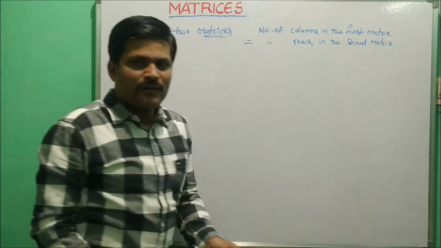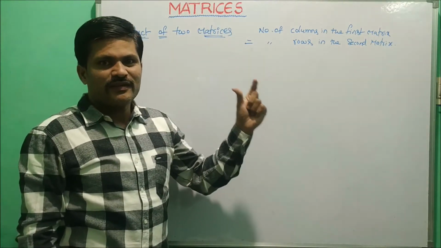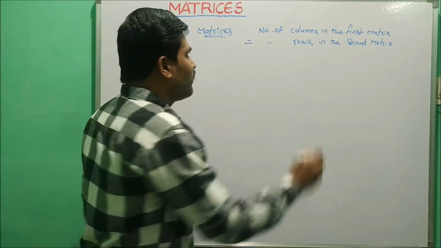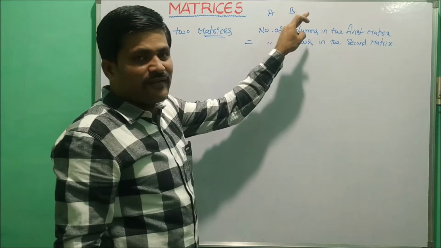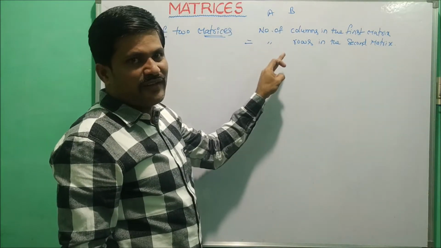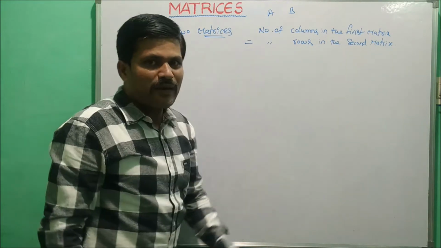This condition must be satisfied by the given two matrices. Suppose we take A and B. If these two matrices satisfy this condition, then multiplication will exist.